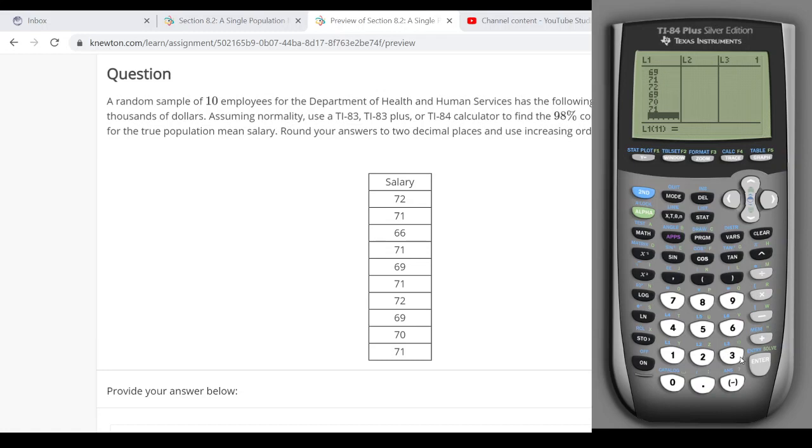So there's your 10 salaries in thousands of dollars, the sample of size 10 listed there.